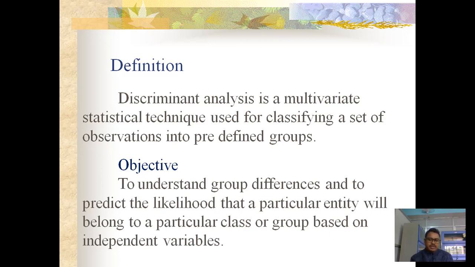So according to the definition or the objective of linear discriminant analysis, it is very clear that we would like to identify the difference in characteristics of the observations belonging to different groups. So in this case, we have used the independent variable. So we have two groups and a set of characteristics, and based on the characteristics that we define, we would like to classify the observations into two or more groups. So that is the ultimate objective of linear discriminant analysis.